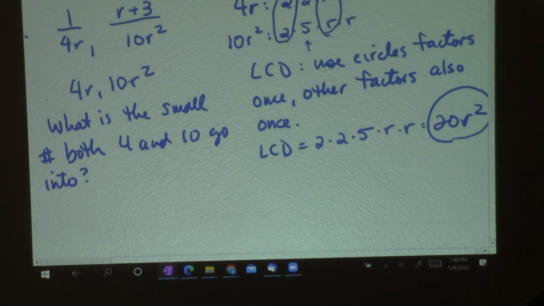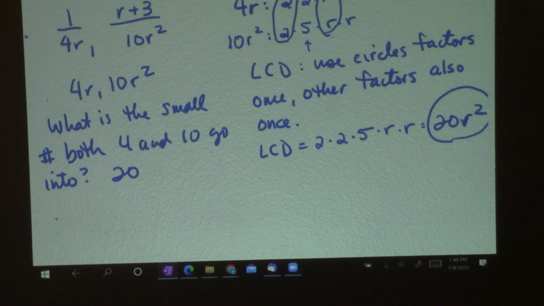Okay, well, 4 doesn't go into 10, but what's the next factor of 10? It's 20. So does 4 go into 20? Yes. So 20 is the smallest thing that 4 and 10 both go into.